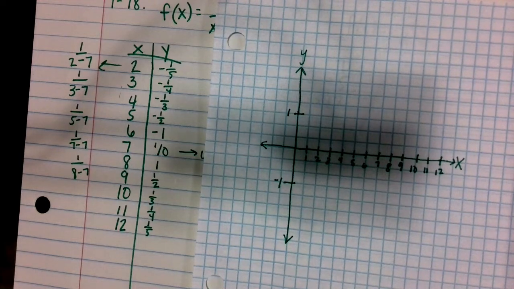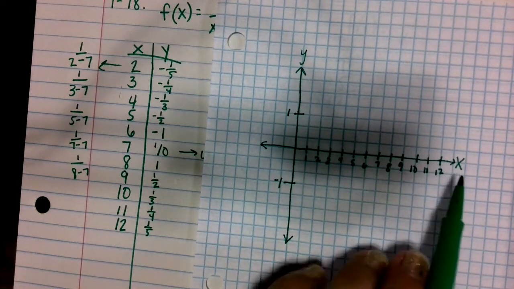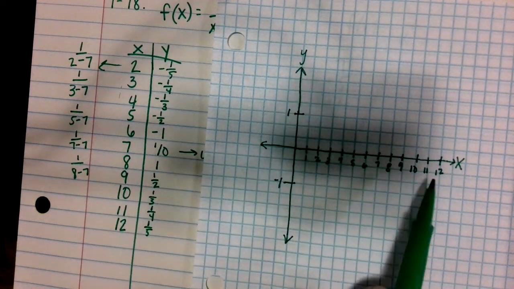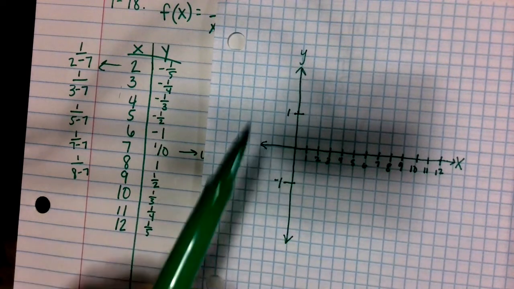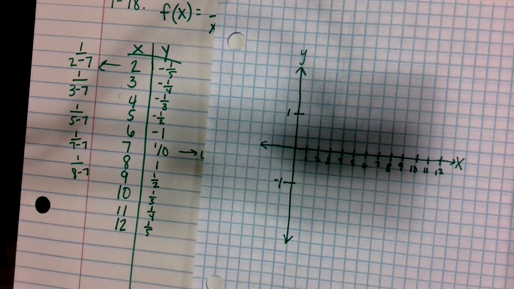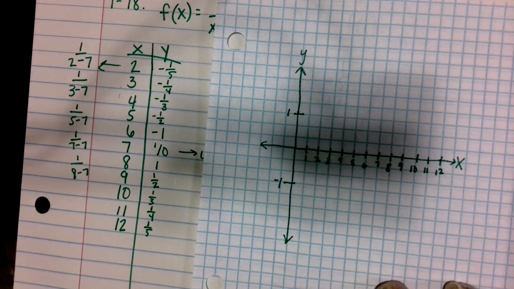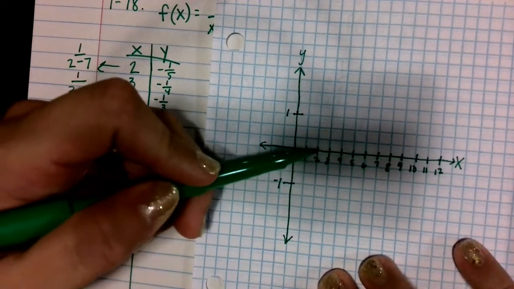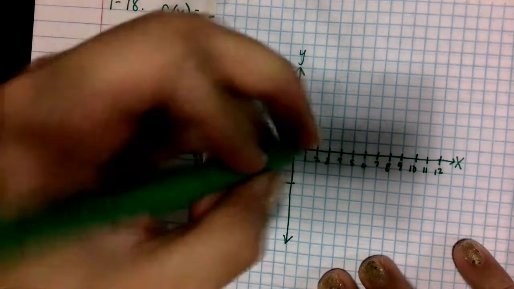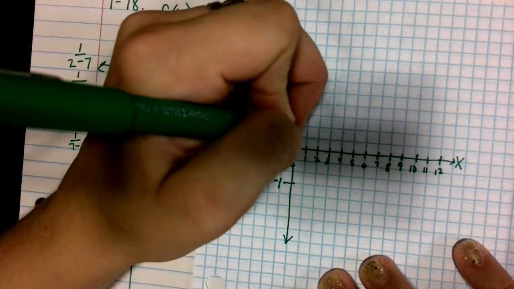I'm already on a good start to a complete graph because I have my axis labels and I have the scale written down as well. And you're allowed to have a different scale on your x than your y as long as you keep it consistent. So my first point was 2, -1/5. So I'm going to go over 2, and this is about, I'm going to put a half in here.